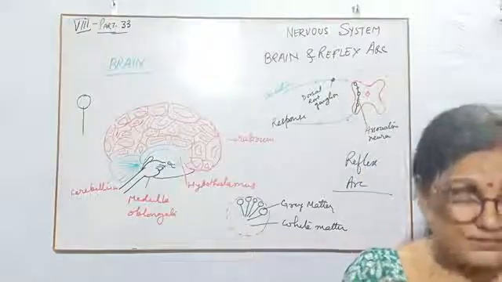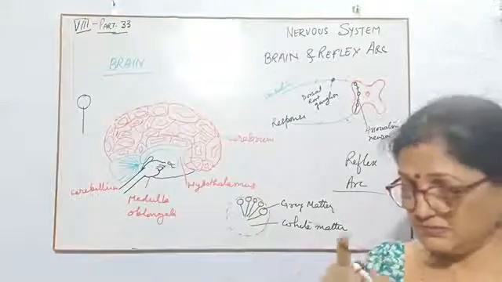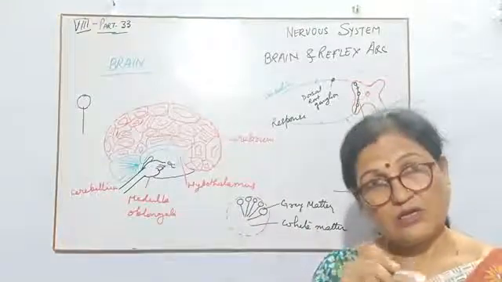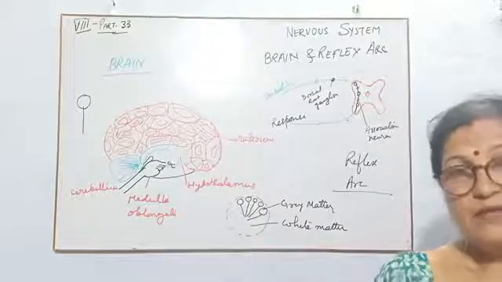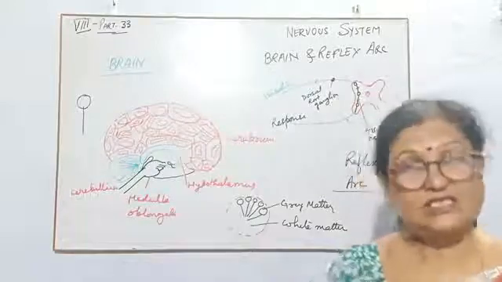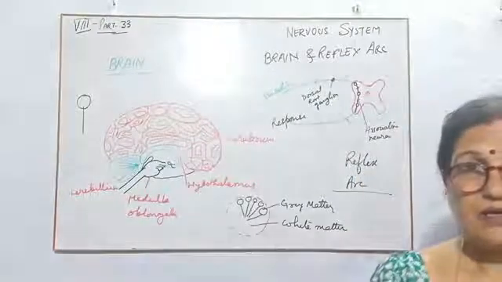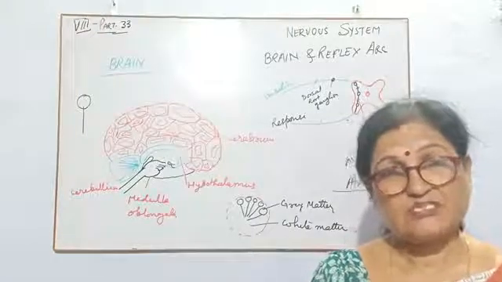When the medulla comes out from the skull, through the hole called foramen magnum, no need to know the name, from that foramen magnum, when it emerges out, the part of the medulla then changes into the spinal cord.